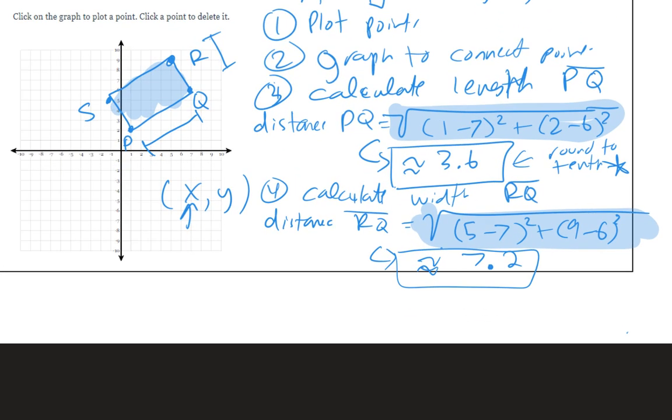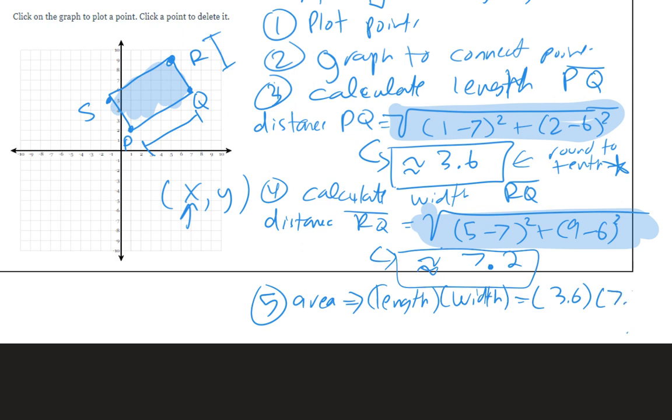All right, so we're very close. So number 5, we're going to do the area equals length times width. That means that's equal to 3.6 times 7.2.